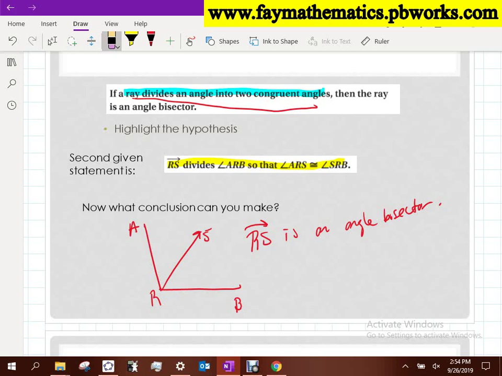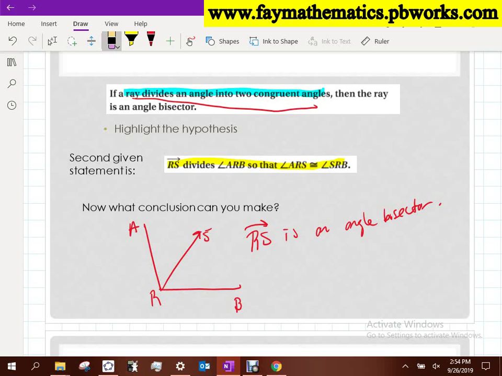So because I don't have that notation in there, can I say ray RS is a bisector? I cannot say it, right? Because it doesn't match that blue statement. But if I can't say RS is an angle bisector, do I want to say that it's not an angle bisector? I don't want to do that, okay?